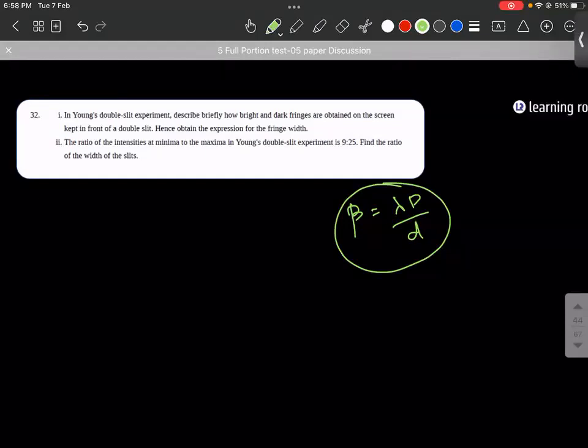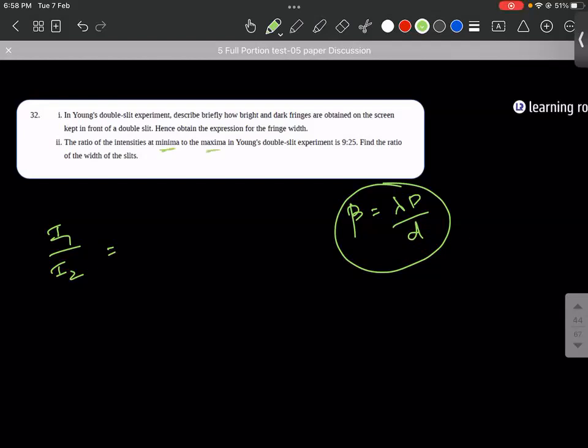The ratio of intensities of the maxima to the minima in the Young's double slit experiment is 9:25. Find the ratio of the widths. Remember, I1 by I2 is the ratio of the intensities.